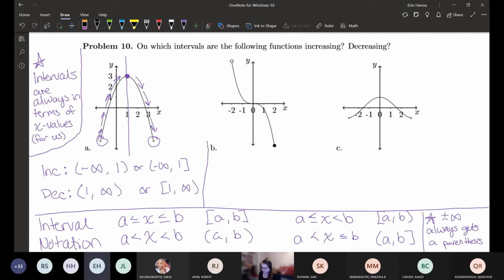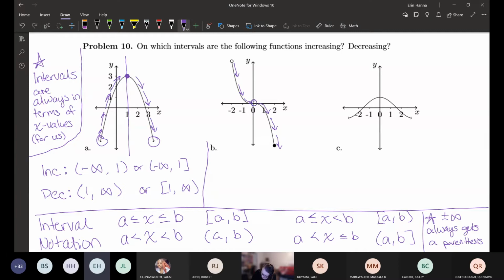So, for part B, if we look at this from left to right, we're essentially going down, we're going down, we kind of slope, but we're still going down, and then we're still going down, still going down, and still going down.